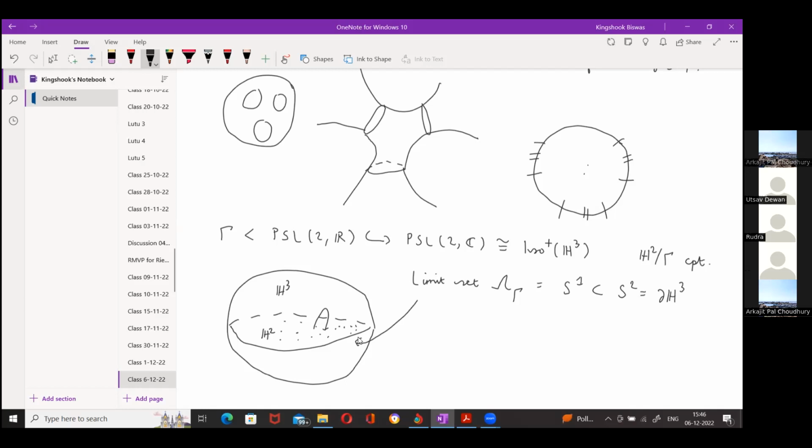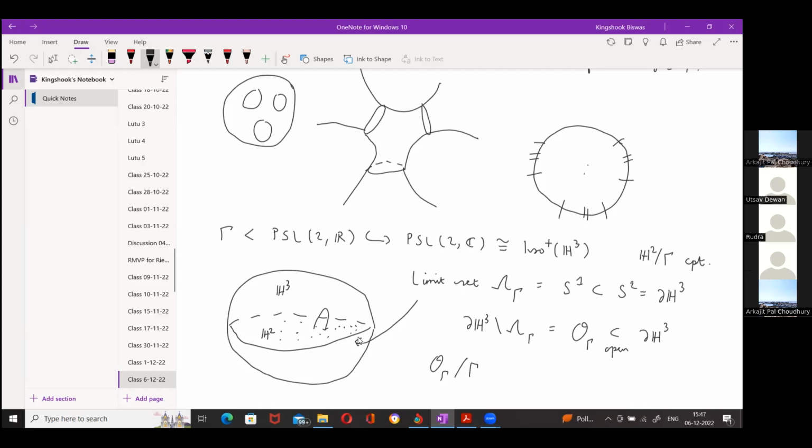And what happens is the complement of this limit set. If I take the boundary of H3 minus this limit set, this is some open set, right? Let me call this O sub gamma. This is an open set in the boundary, and this open set modulo gamma, this quotient is nice.